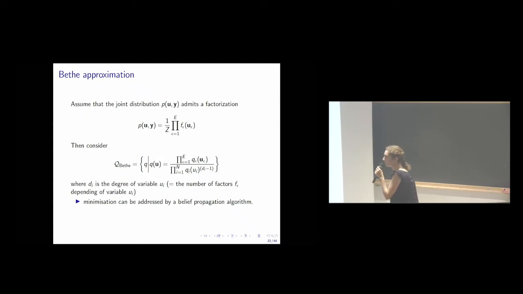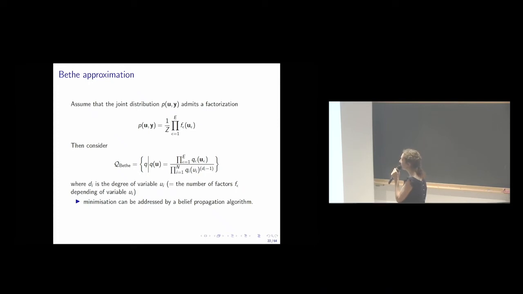So the Bethe approximation is much more complicated. I have to put some new definitions before I go further into the algorithm, but I will try not to lose you. Okay, so let's assume first that the joint distribution, P of U and Y, so the variables of interest and your observation, admits a particular factorization, this one.